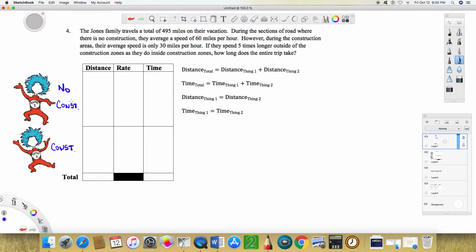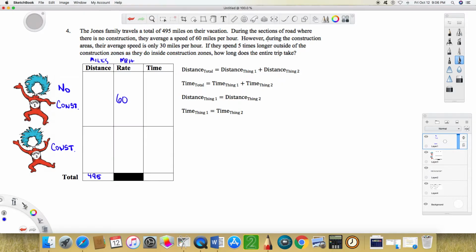All right. So what do we have? We know that we have a total distance of 495 miles. So 495. We know their rates. If it's no construction, they have no problems and they're going 60 miles per hour.